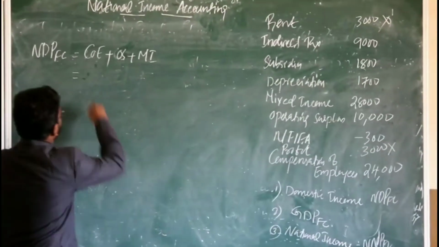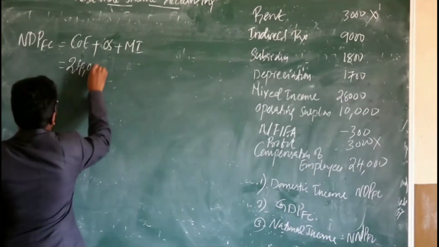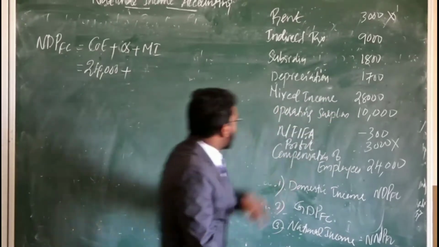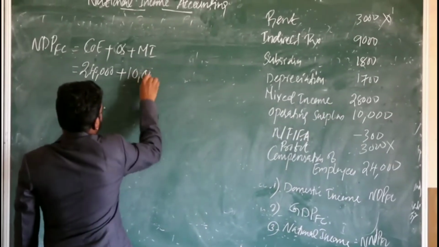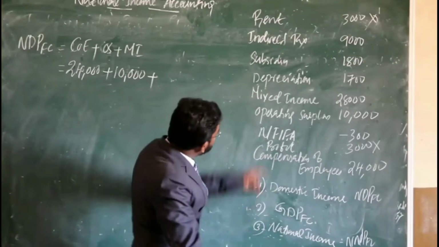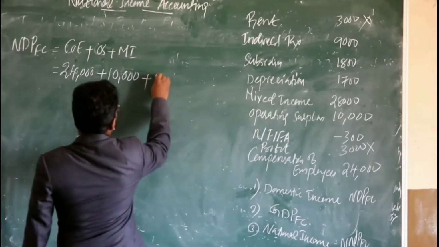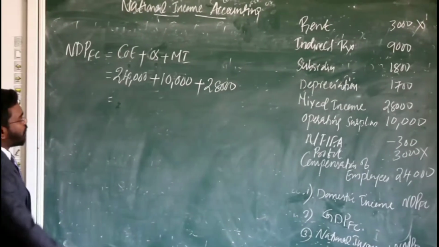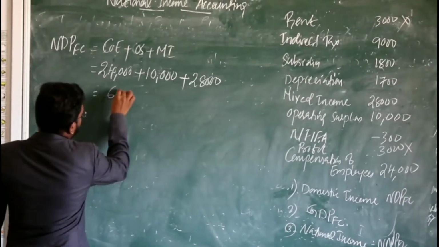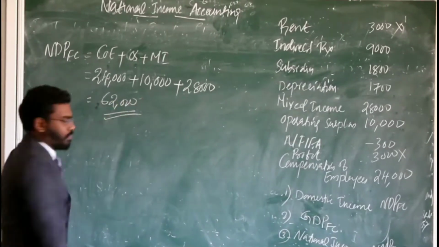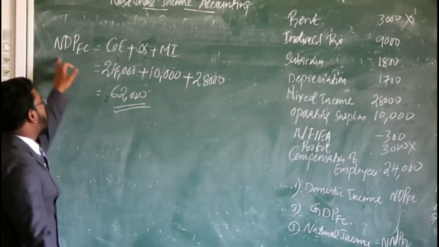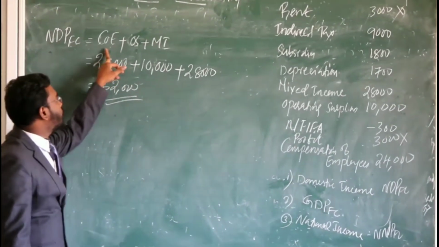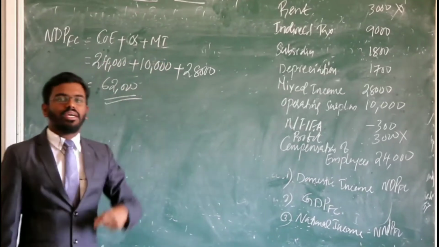It is 24,000 plus operating surplus is 10,000 plus mixed income, that is 28,000. That is equal to 62,000. So 62,000 is our domestic income. We just add all the factor incomes: compensation of employees, operating surplus and mixed income.